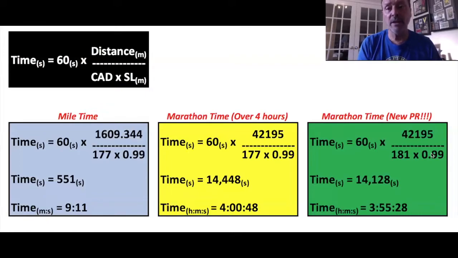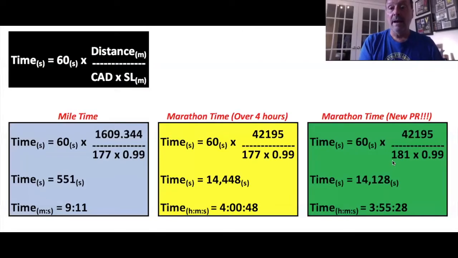That's a component that you can work on that will improve, and we'll talk about that in a minute. But doing the math by just increasing 4 for the cadence produces 14,128 seconds. Converting that down to hours, minutes, and seconds, that client now has PR'd by over 5 minutes.